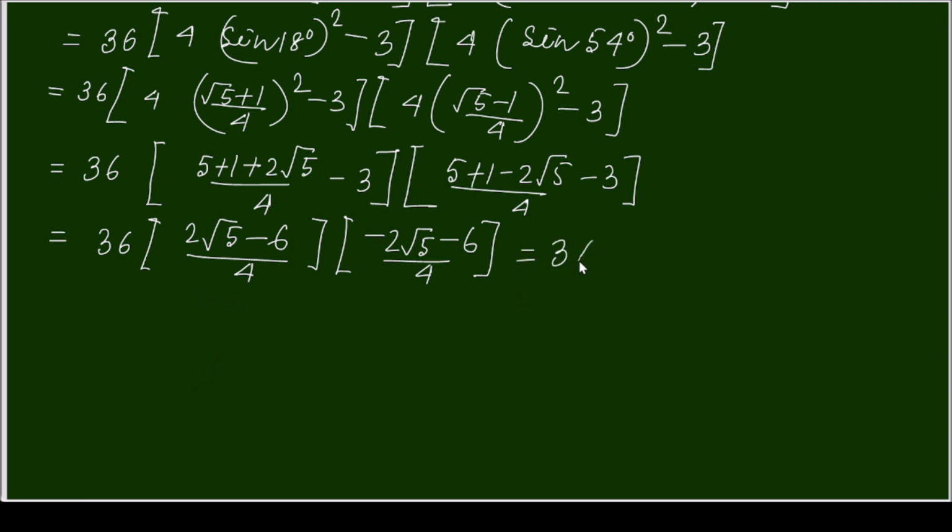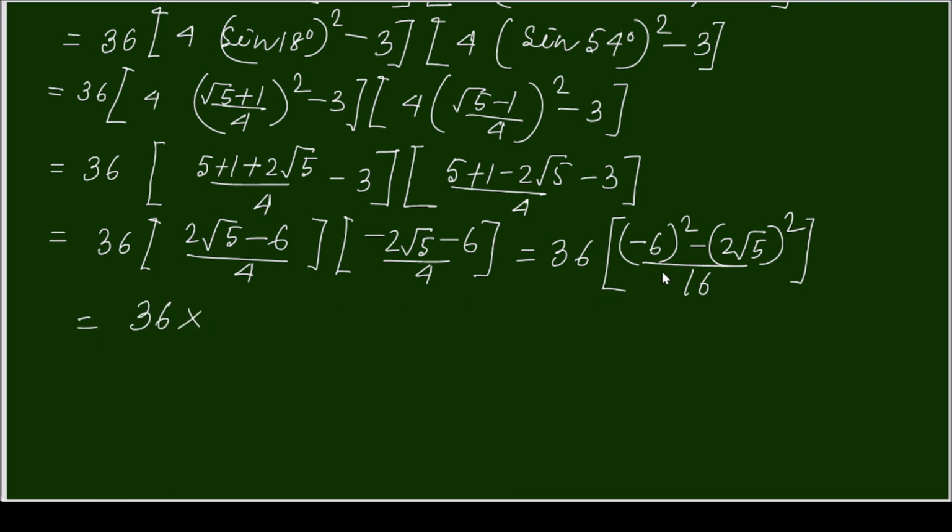Nothing but 36 into minus 6 square minus 2 root 5 square by 16. This will be 36 multiplied by 36 minus 5 into 4, 36 minus 20, it will be 16 over 16. Cancelled, the answer is 16.